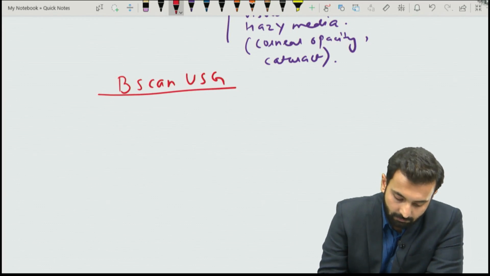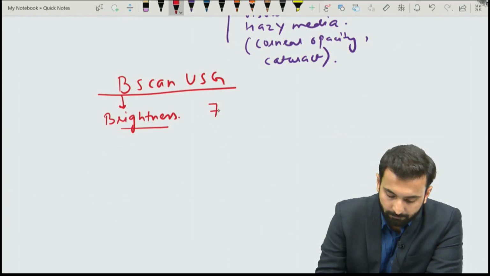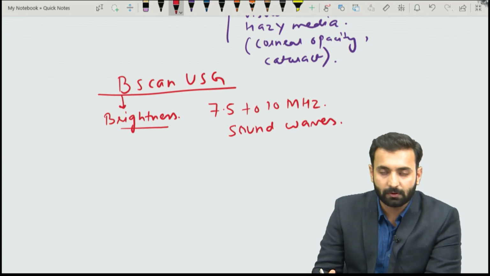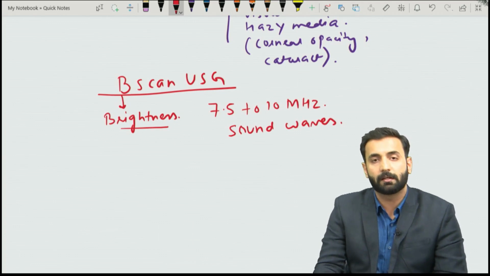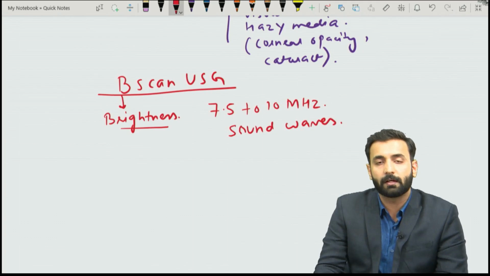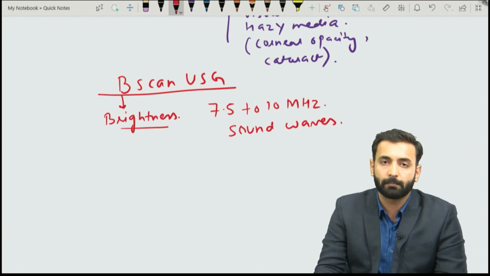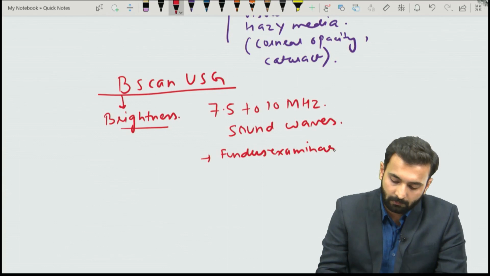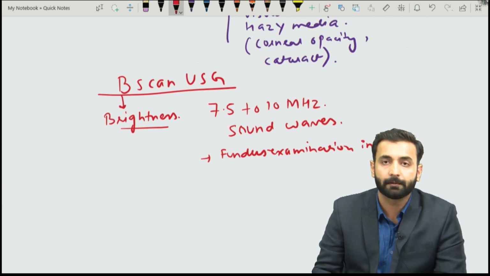B stands for brightness, and it uses 7.5 to 10 megahertz sound waves. So sound waves are used in B-scan ultrasonography to visualize the fundus in opacified ocular media. So the fundus is examined in opacified media.